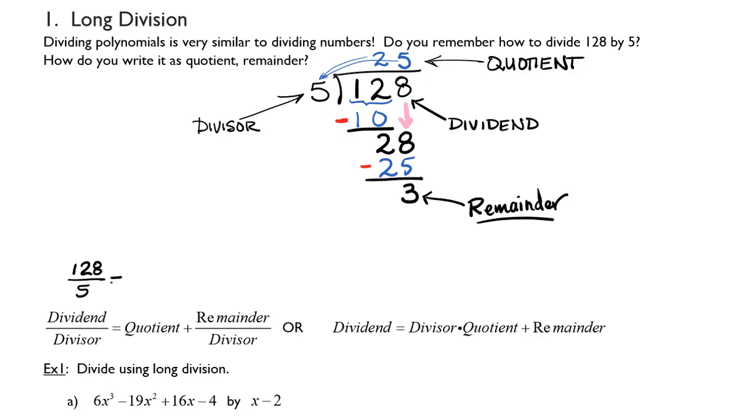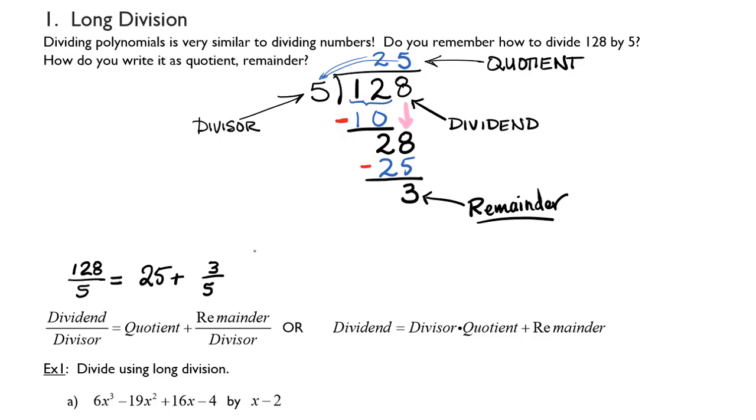And that equals our quotient, which is 25, plus the remainder divided by the divisor. This is 3 divided by 5. And so this is just like writing a mixed number. It's an improper fraction at first, then we write it as a whole number plus the fractional remainder.